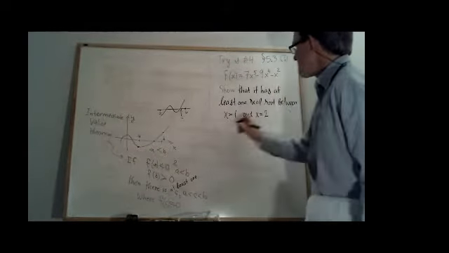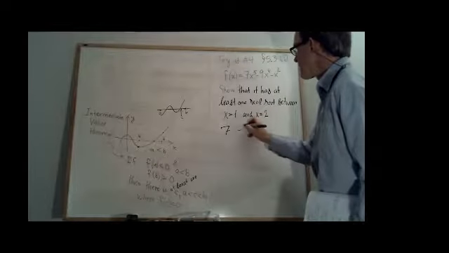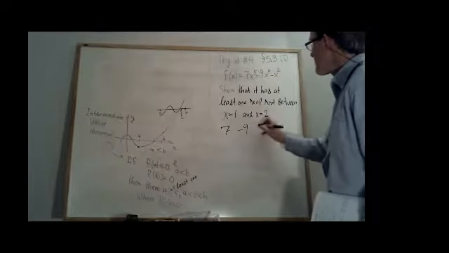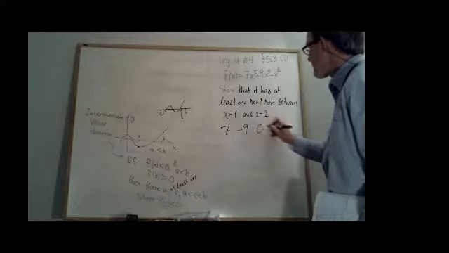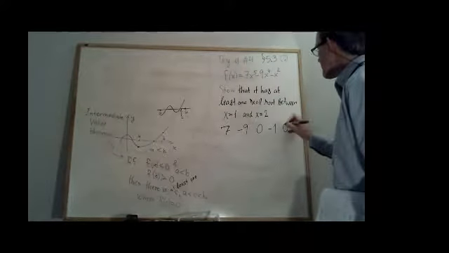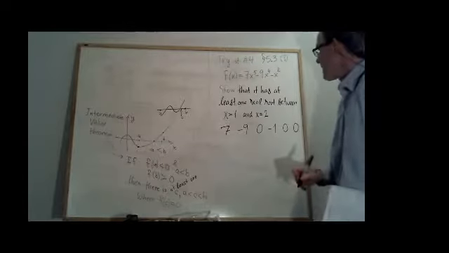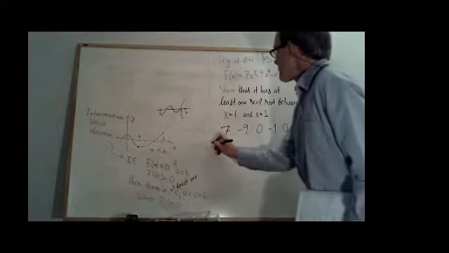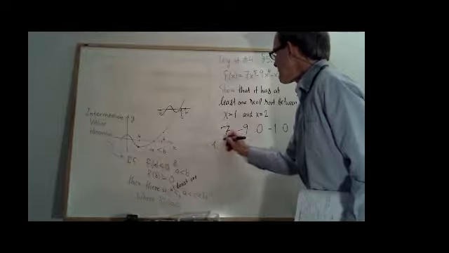Well, you can set it up using synthetic division really easily here. You just write the row of coefficients on the top. So 7, minus 9, and then there's no x cubed, so that's a 0, then 0 for x squared... minus 1, 0 for the x term, and 0 for the constant. Okay, so I evaluated x equals 1.